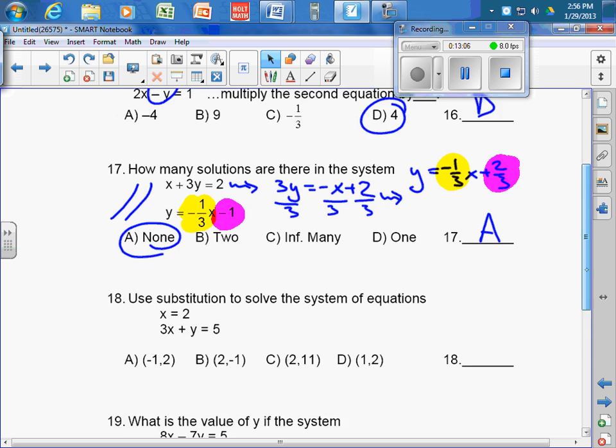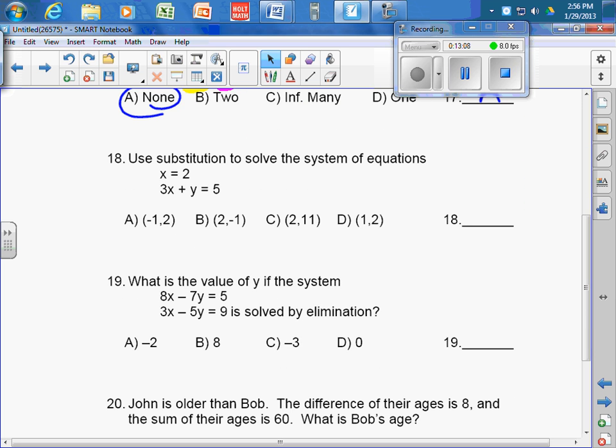Number 18, use substitution to solve this system of equations. Well, we're going to put the 2 in for the x and get 6 plus y is equal to 5. Y is equal to negative 1. When y is equal to negative 1, x turns out to be equal to 2, so that would be B, 2, negative 1.